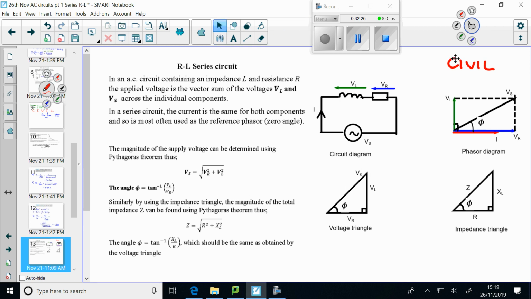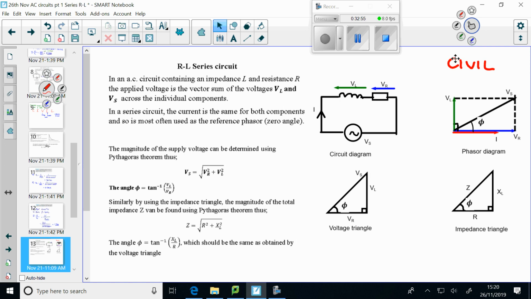Okay. And then that means Vs is the vector sum of those two voltages. We create a parallelogram between the two and then go across the diagonal. That represents the voltage Vs, and it has magnitude, length, that's going to be longer than either of the other two, and it has an angle phi in there with the current.